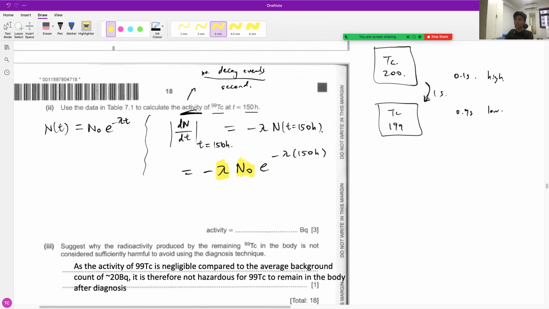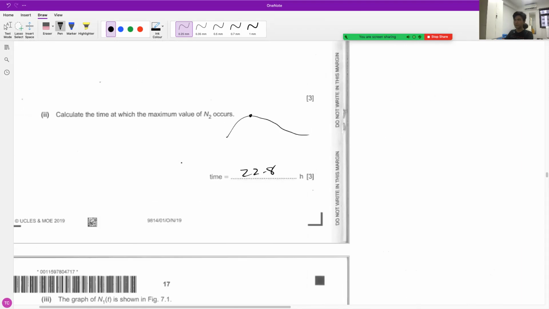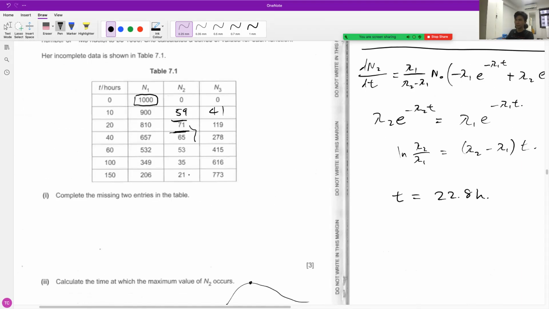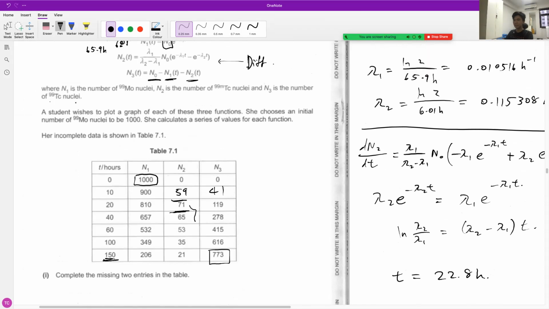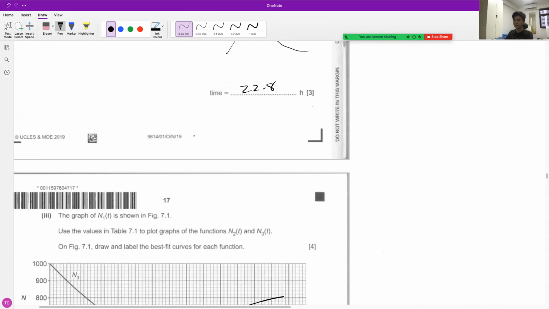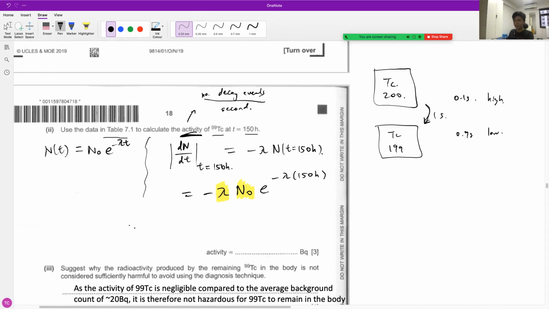So how do you know what N0 is? We can look at table 7.1. At table 7.1, we know that at 150 hours, N is 773, the number of technetium nuclei.